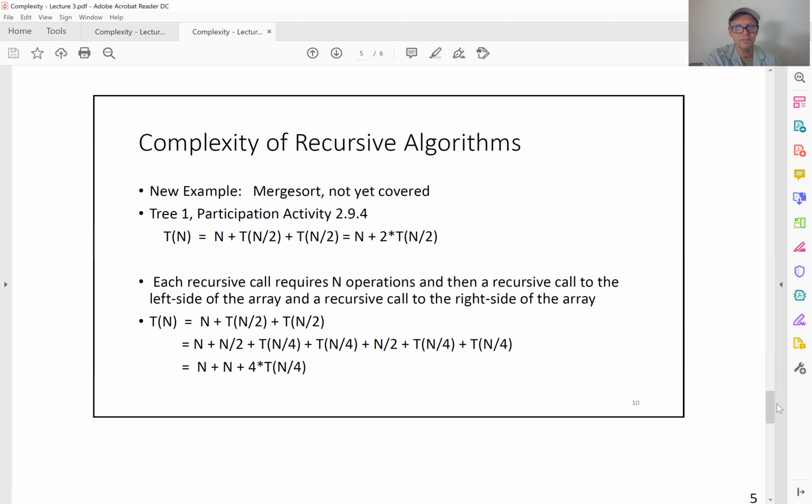T of n over 2 is n over 2 plus T of n over 4 plus T of n over 4, and we do that twice. The original definition is T of n is n plus T of n over 2 plus T of n over 2. And if you expand it one time, you end up getting 2n plus 4 times T of n over 4. So it gets to be a little bit of a mess.